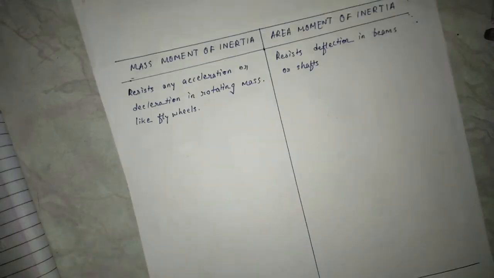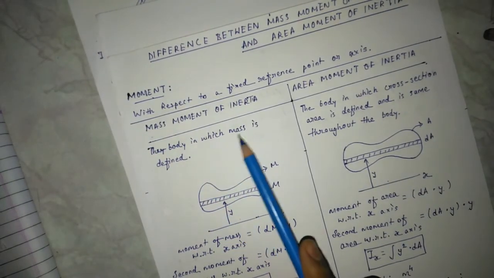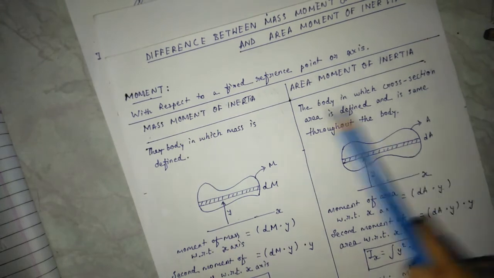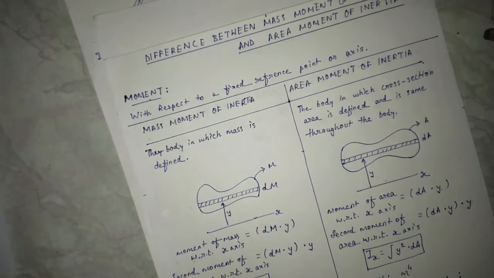And one more thing I want to tell you, friends: the body in which mass is defined, and the body in which area is defined. Why is it so important?